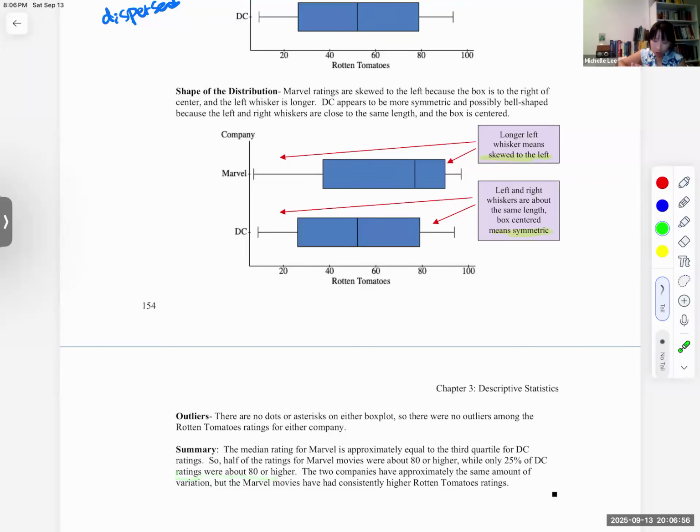The two companies have approximately the same amount of variation. Approximately the same, right? But Marvel movies have had consistently higher Rotten Tomatoes ratings.